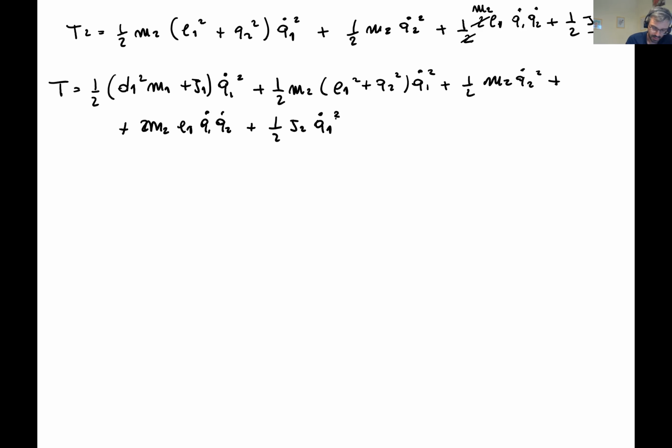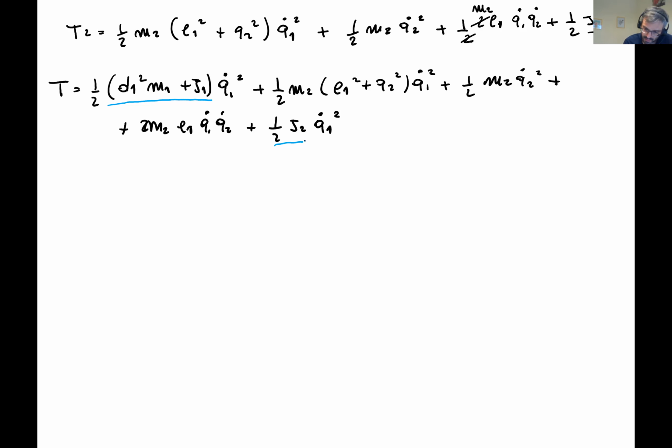And if we look at the, let's use different colors. So if we look at the, you remember you can express the kinetic energy as a quadratic form and extract the terms of the inertia matrix directly by inspecting this. So whatever is multiplying Q1 dot squared is the M11 term.